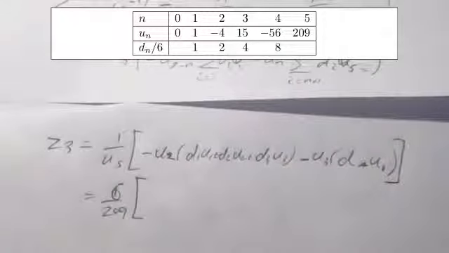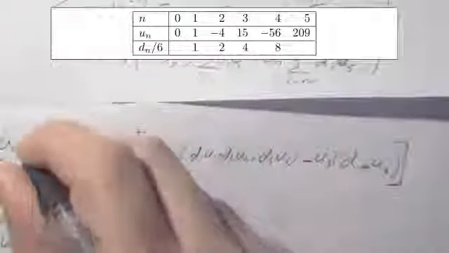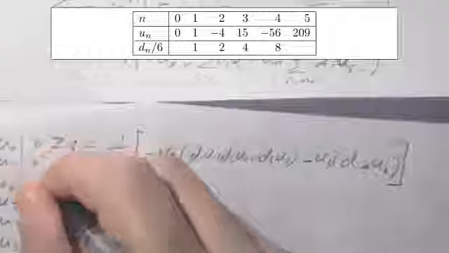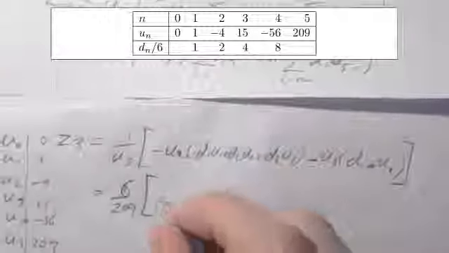I'm going to take the 6 out because there's a factor of 6 in every DI. So minus, I constantly need to remind myself what the U's are. So U0, U1, U2, because I forget the signs. So we had 0, 1 minus 4, 15 minus 56, 209. So minus U2 is going to be 4.